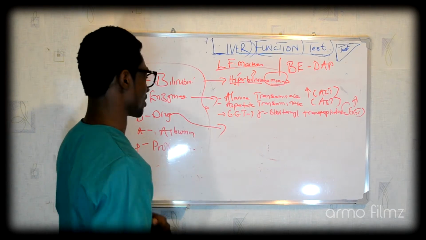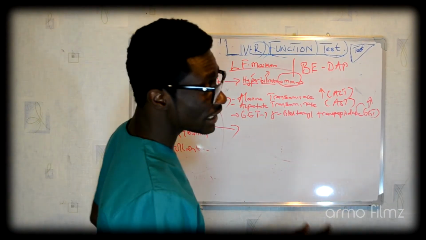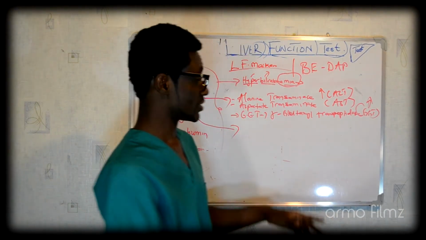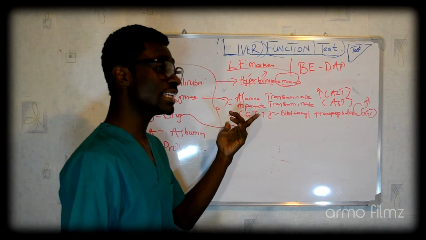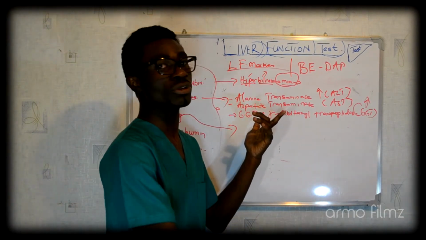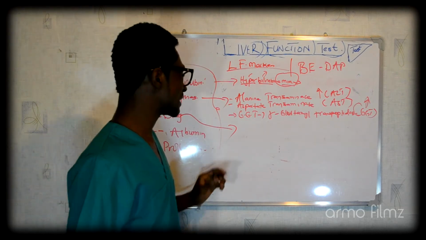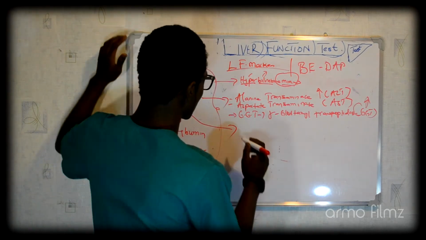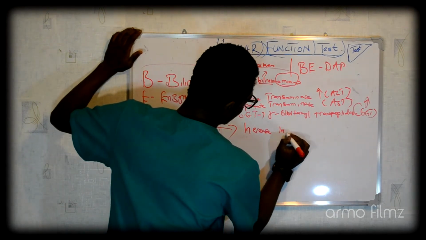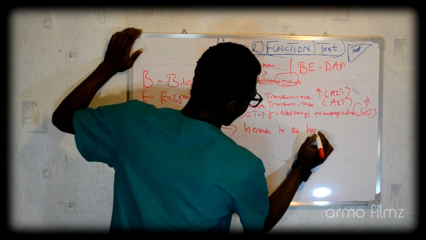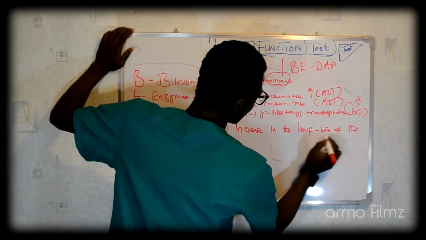Talking about drugs, what do you see in the case of the drugs? Understand? So basically, in the case of the enzymes, the liver will spit them out as a result of damage. Now in the case of the drugs, what you see is an increase in the half-life of the drugs involved.